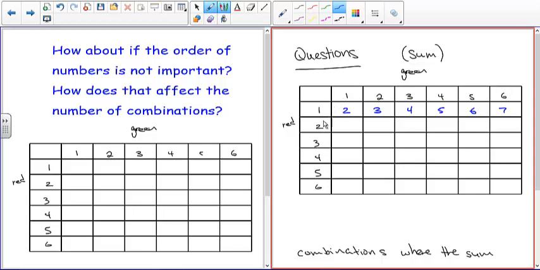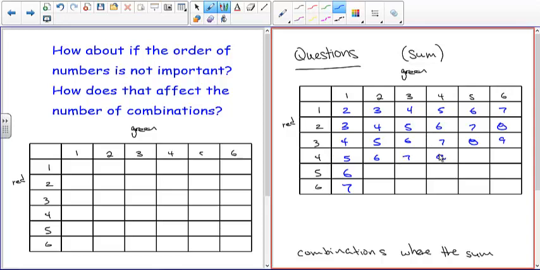Here we have the same thing. We have 2 plus 1 is 3, 2 plus 2 is 4, and then you can just continue on. So this whole table can be filled out as such. Now 4 plus 4 is 8.